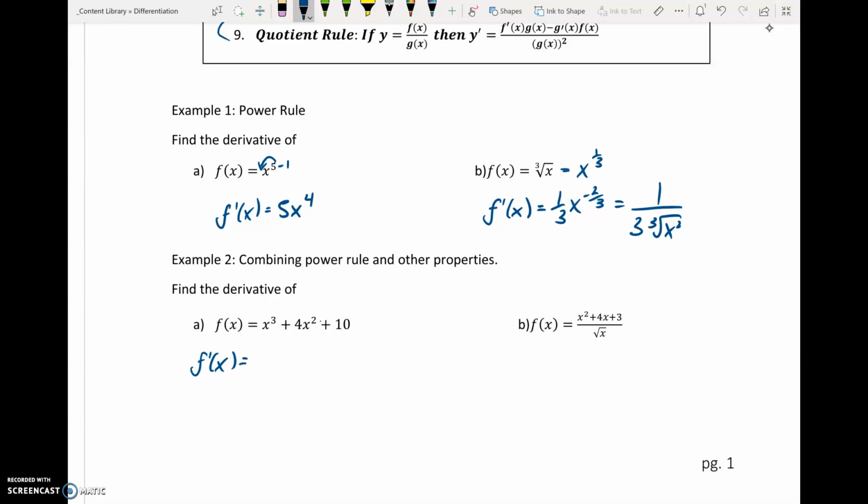I'm going to use the power rule for that first term, which means I'll bring the 3 to the front and then subtract 1 from the exponent. I'm going to bring the 2 to the front, which will multiply with the 4 to get 8. Subtract 1 from the exponent, which is just 1. I'm just going to leave it as that. And then the derivative of 10 is 0. So that's our final answer.